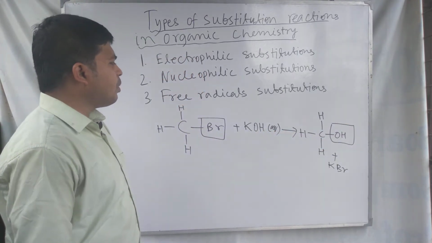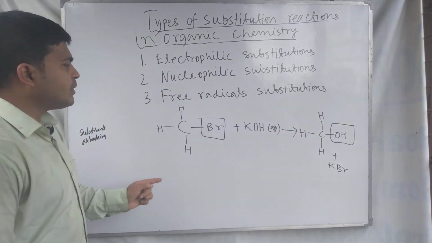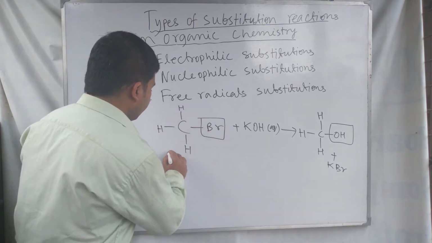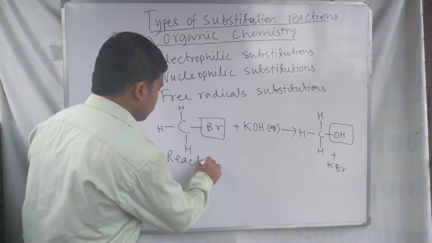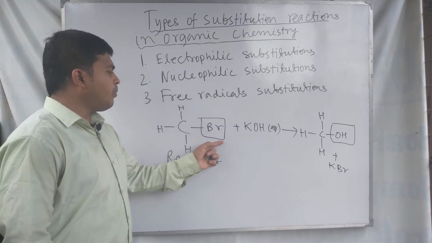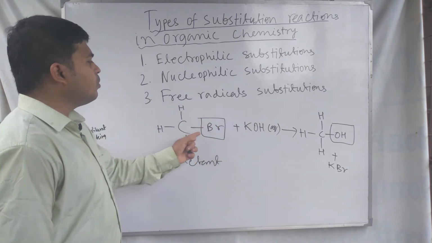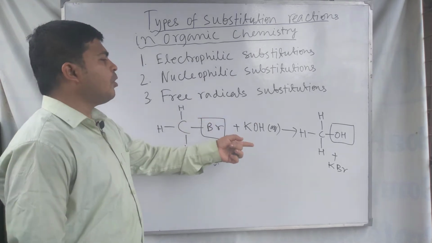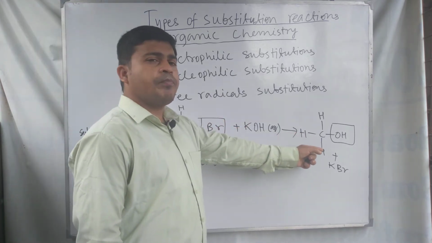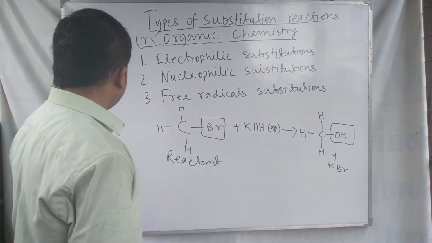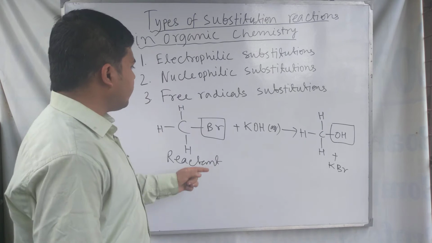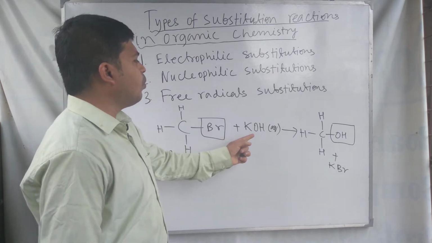So substitution reactions are those reactions where an atom or group of atoms in the reactant molecule is replaced by another atom or group of atoms and a product forms. This product is called the substitution product, and the OH group is called the substituent.